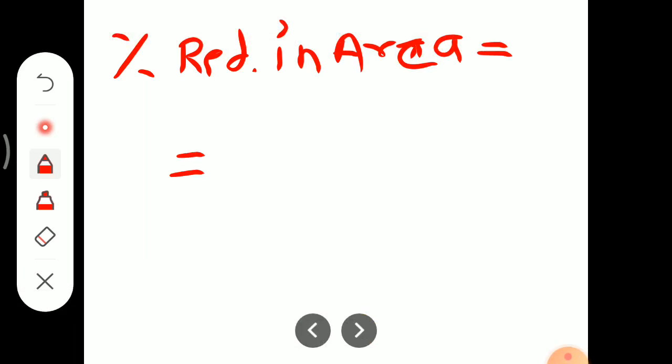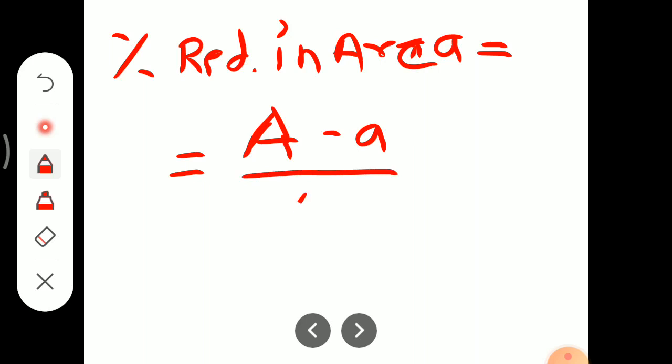For finding it, we have two areas: the first is the maximum area, before the testing, and the second is the minimum area after the testing.